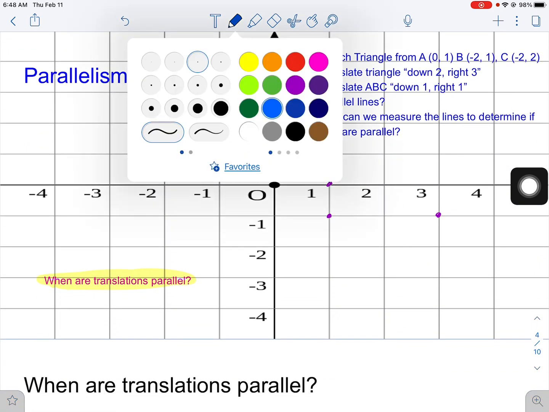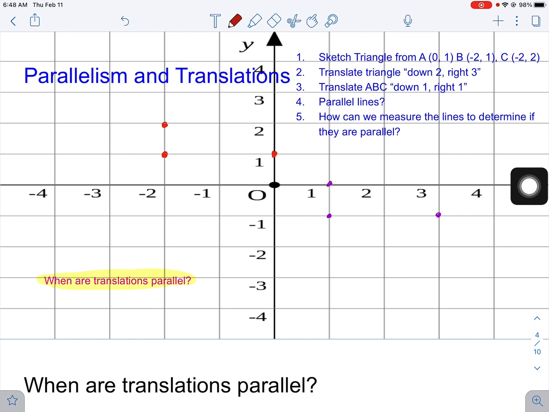Now here is an example. You start with a triangle, and go ahead and mark these 3 points. And then in this case, we're doing a translation to create its image.